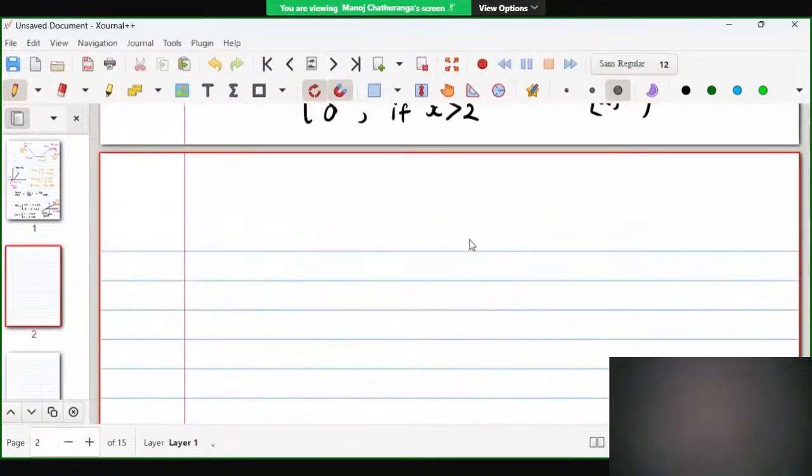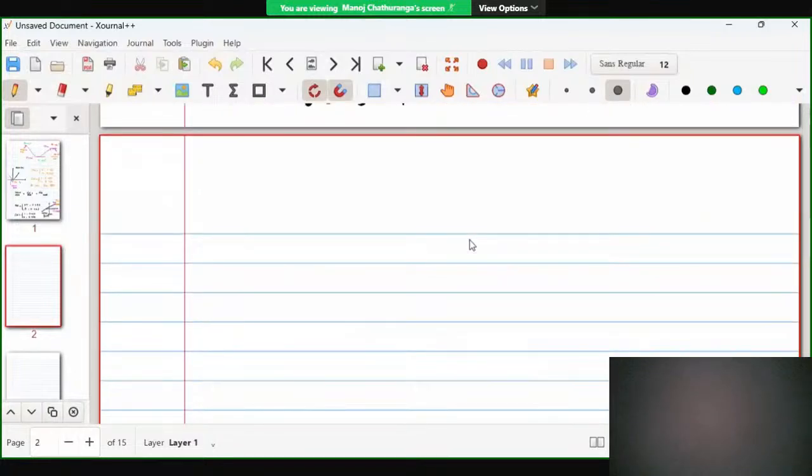I'll combine those extreme point theorem and critical point theorem and give you a single statement.